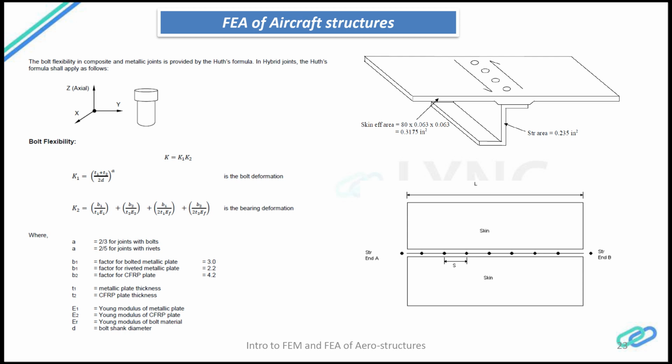In terms of fastener specs, you have to use engineering manuals or handbooks to work out the bolt flexibilities, both axial and shear stiffnesses, and then feed those values into the finite element tool to represent them accurately.